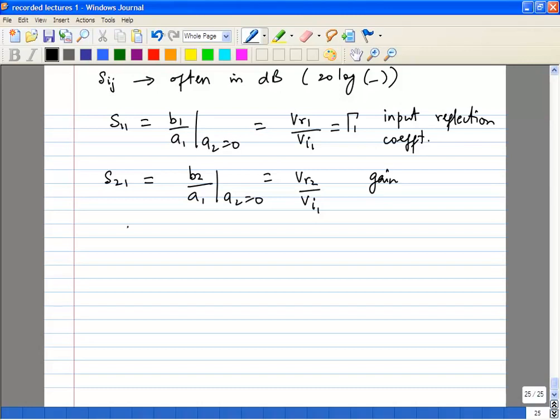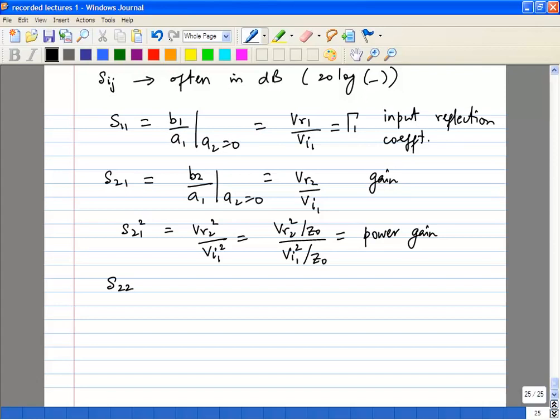And note that S21 squared is VR2 squared over Vi1 squared, and you can rewrite it slightly differently. And this is called the power gain. If you express them in dB, they'll have the same dB value, because for power quantities the dB is taken as 10 log instead of 20 log.